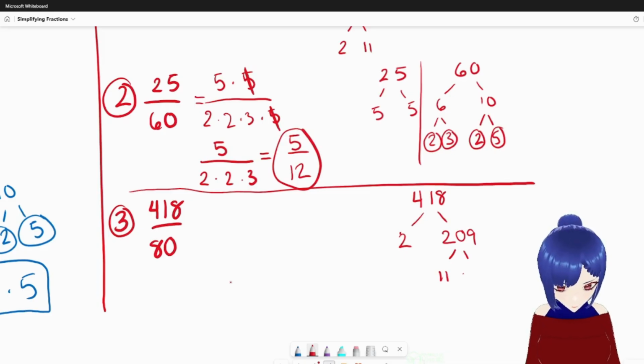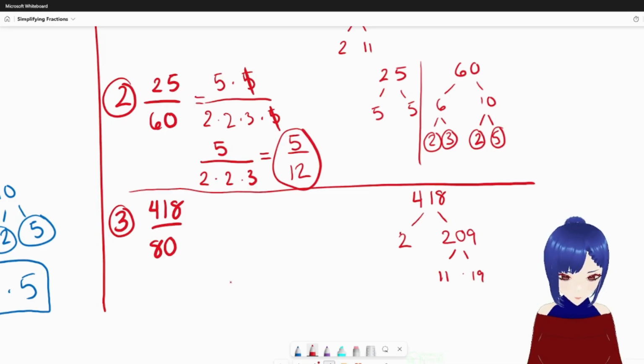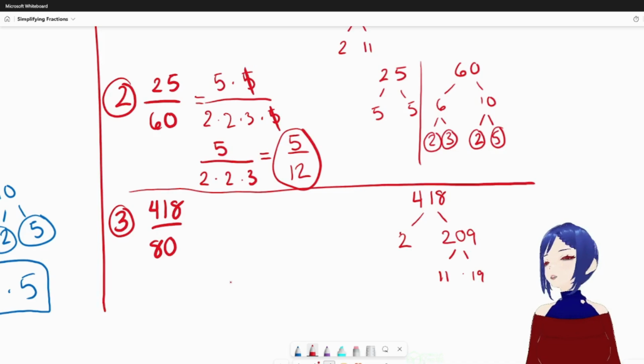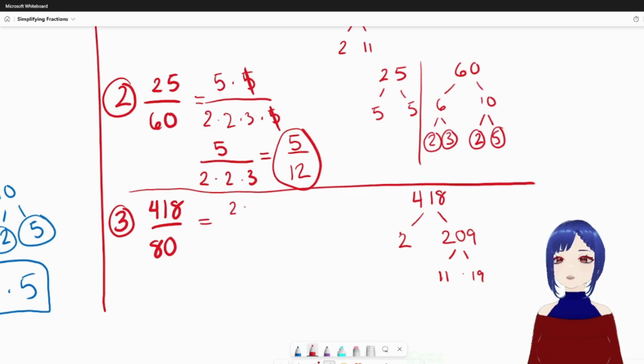It's 11 times 19. 11 and 19 are both prime. So the top would be 2 times 11 times 19. The bottom would be 2 times 2 times 2 times 5.